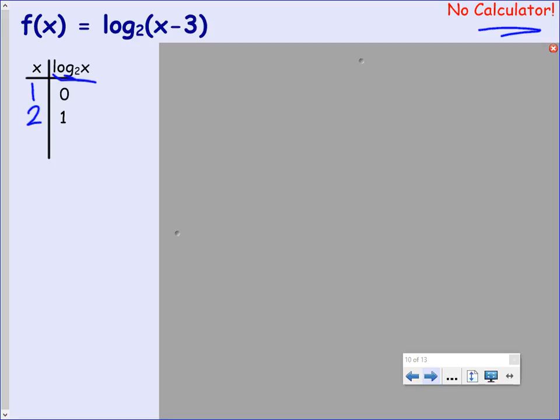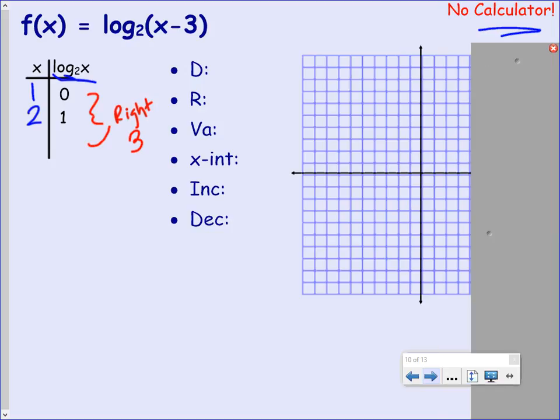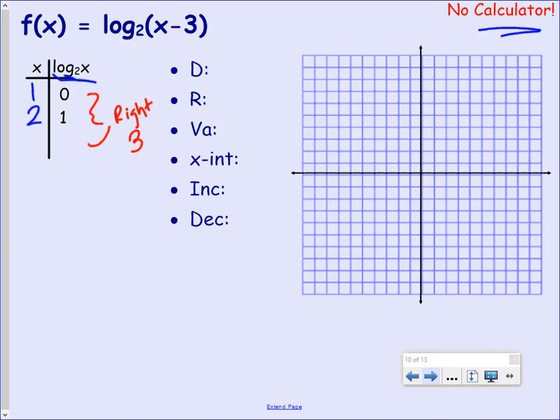I'll just take those 2 points, which are easy to evaluate every time, and then I'll just shift them. If it says x minus 3 in parentheses, what direction are we going? Right. If that minus 3 was outside of parentheses, or there were no parentheses, then we would be going down 3. So we're just going to take those 2 points and shift them right 3.